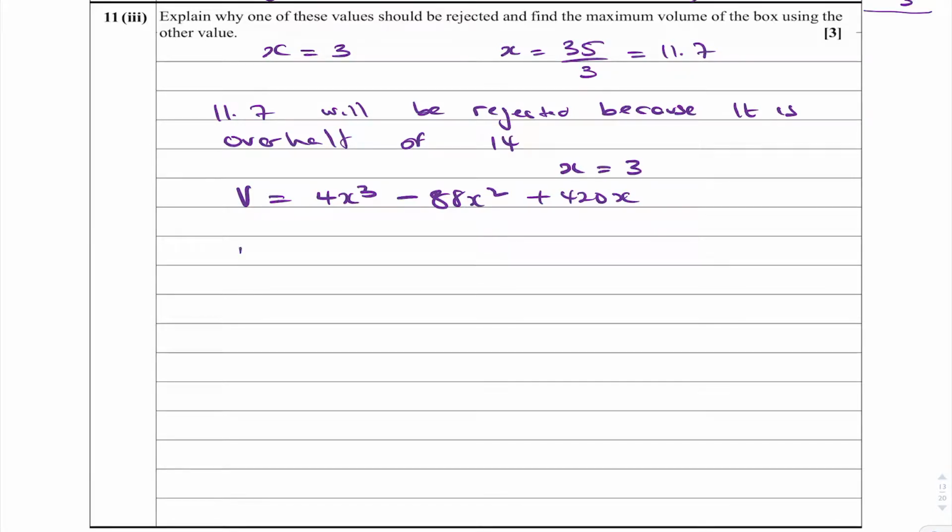So I'll go V equals 4 times 3 cubed minus 88 times 3 squared plus 420 times 3. In this case, all I need to do is multiply them out. V equals, well, 3 cubed is 27. 27 times 4 is 108, minus 88 times 3 squared is 99, 99 times.